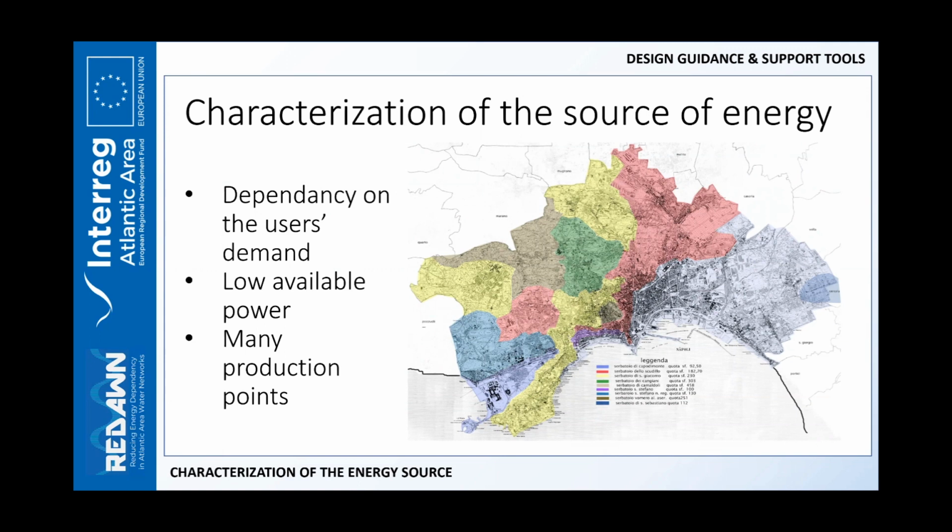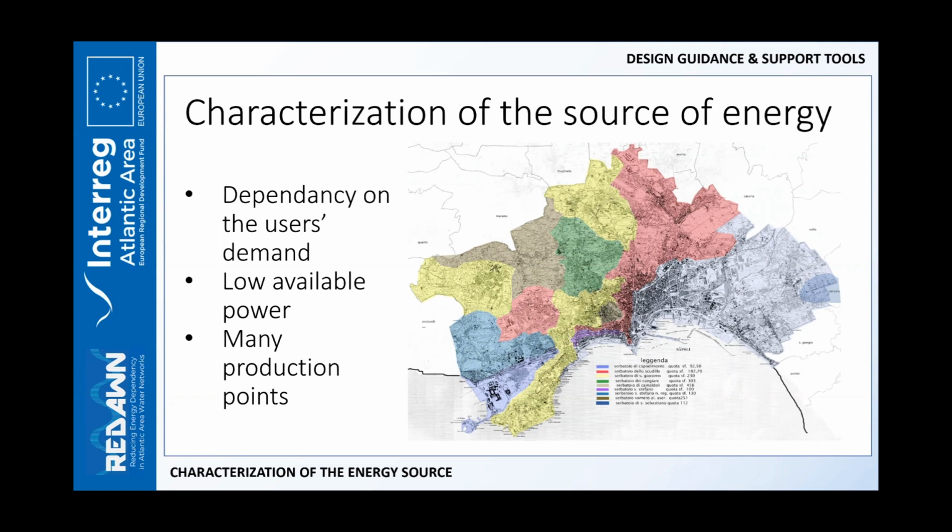But in water distribution network, the energy source is much variable because of the user's demand that is, of course, variable. And then all this energy is spread on different dissipation spots.